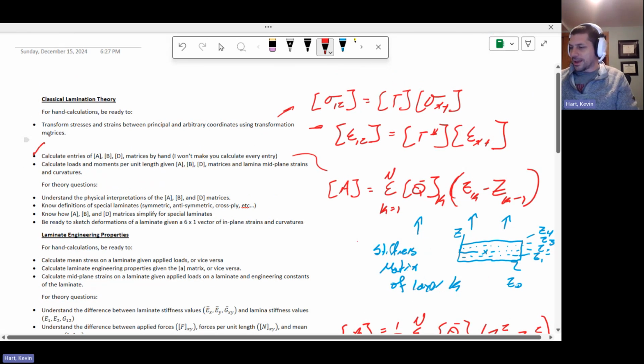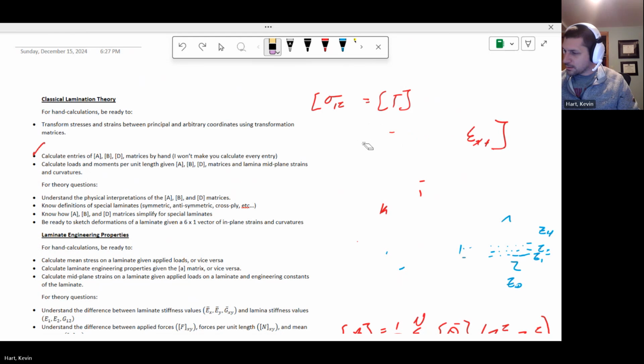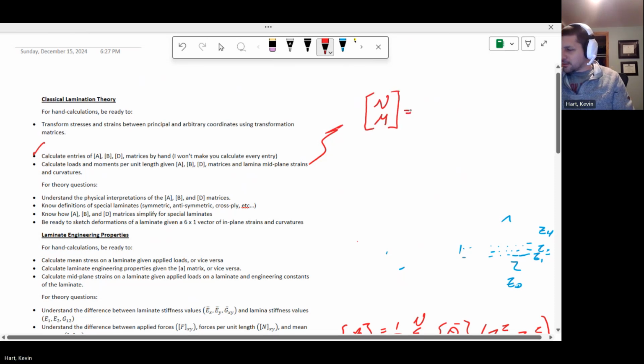Calculate loads and moments per unit length given ABD matrices and midplane strains and curvatures. Okay, so here now we're talking about the inversion. So we'll get rid of a lot of this stuff here, make space for ourselves. Let's put something new in here. So here, this is loads and moments per unit length, N and M, given ABD matrices and midplane strains and curvatures.